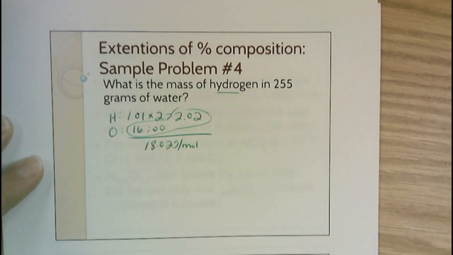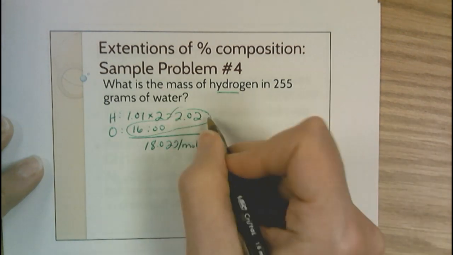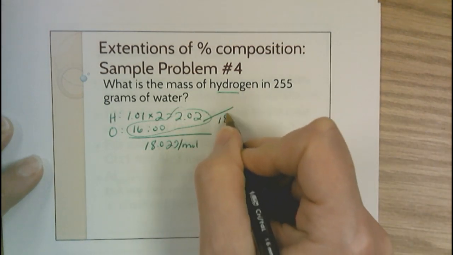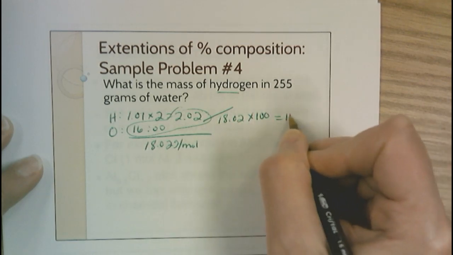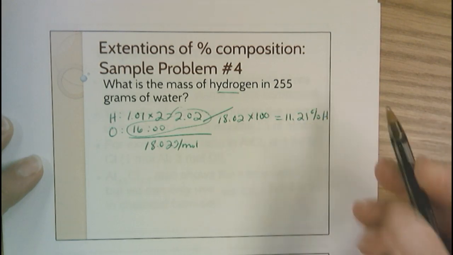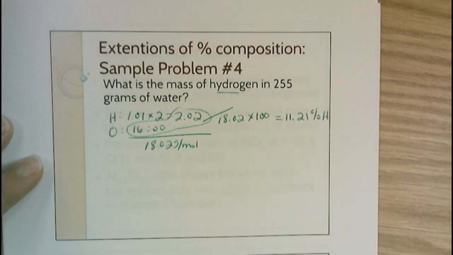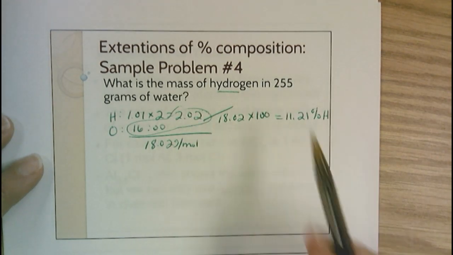That's the molar mass of water. All we care about is the percent of hydrogen. So we'll take the hydrogen component divided by 18.02 times 100, and we find that water is 11.21% hydrogen.